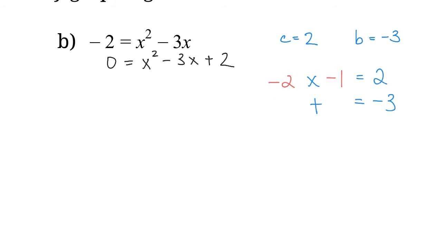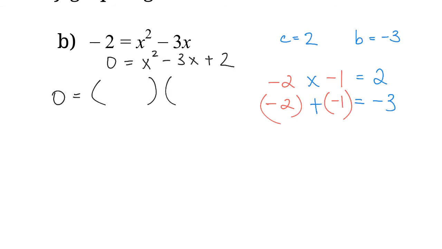The number combination that is going to work is negative 2 and negative 1. Negative 2 times negative 1 is positive 2, and negative 2 plus negative 1 add together to give me negative 3.